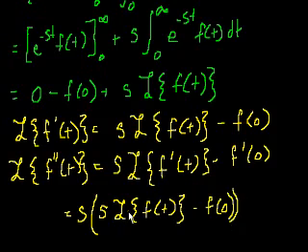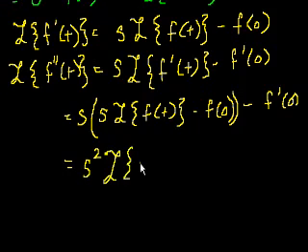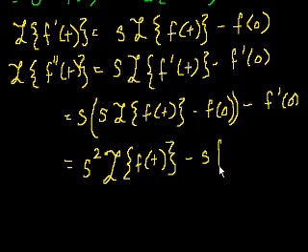I just substituted this with this, minus f prime of 0. And we get the Laplace transform of the second derivative is equal to s squared times the Laplace transform of our function, f of t, minus s times f of 0 minus f prime of 0.